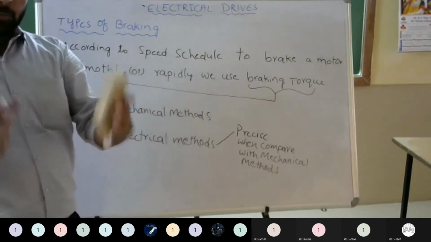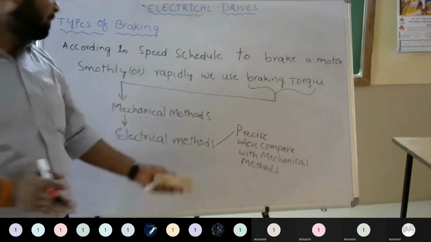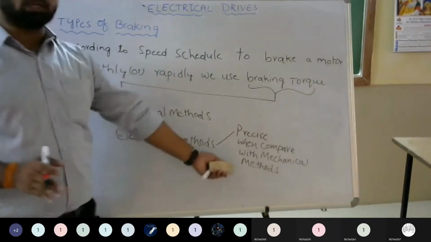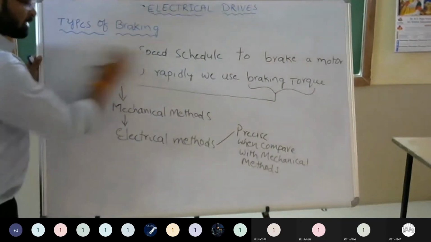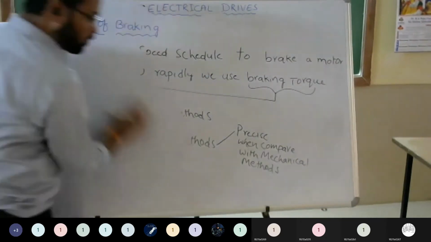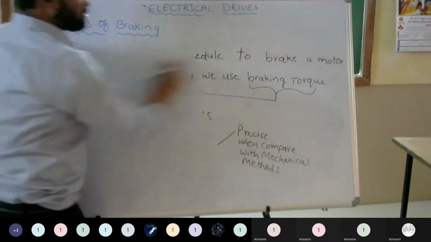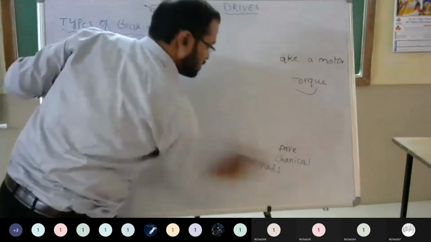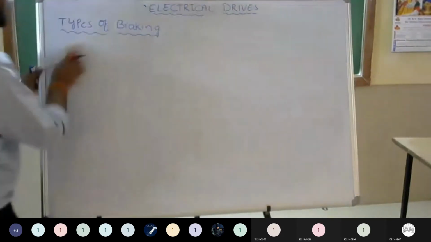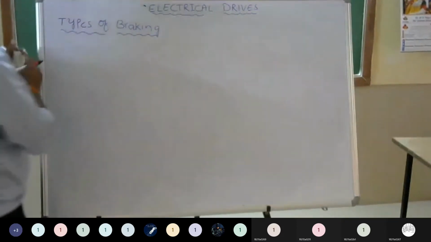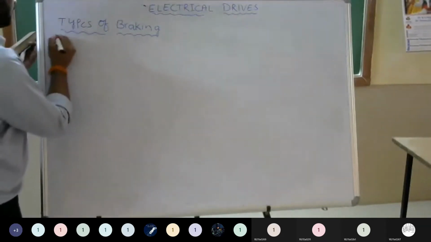So it has to stop at the accurate position, and that will happen only with electrical methods. In this class, we will see how many types of electrical braking are available, how they work, and the explanation of those braking methods.